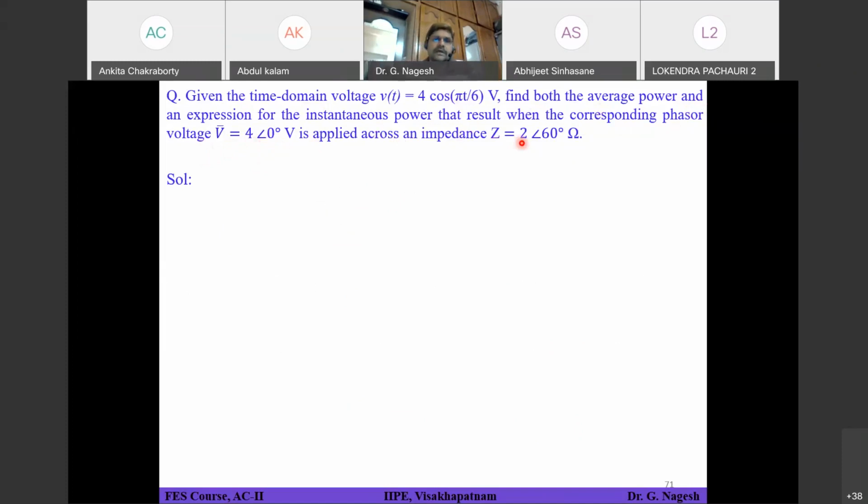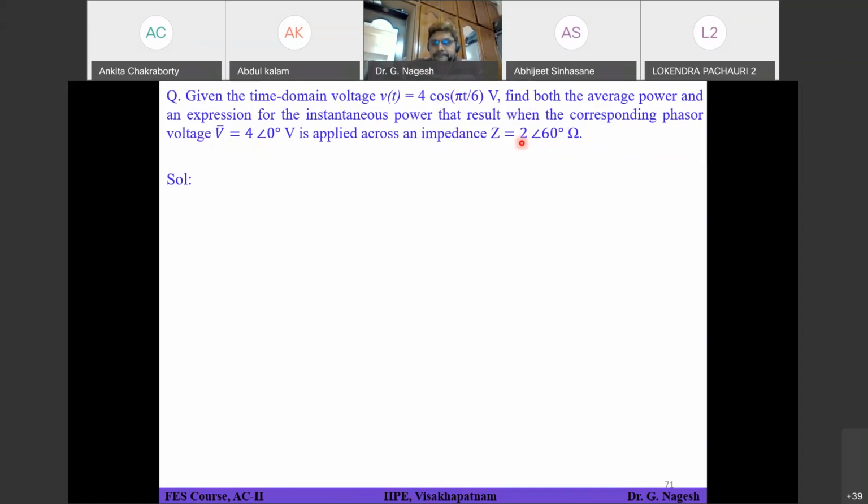That means you have a voltage source and an impedance connected in series, and the voltage expression is also given. We need the average power and the expression for the instantaneous power. So try to find the current, and then the instantaneous power and average power.